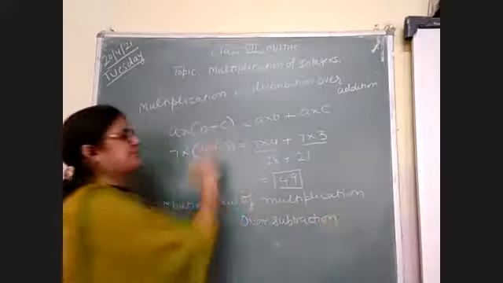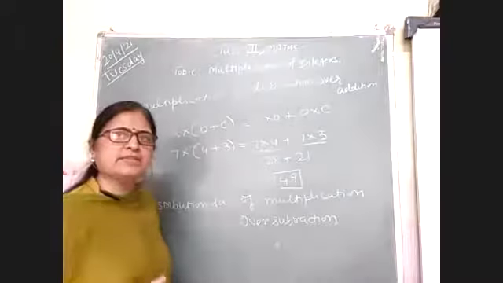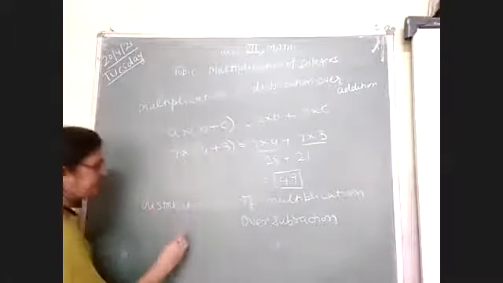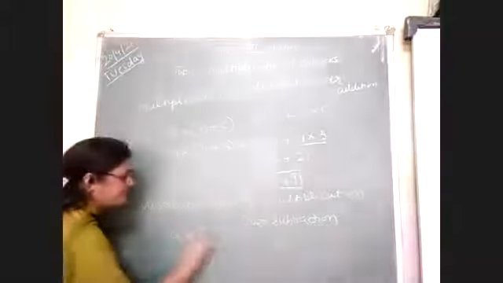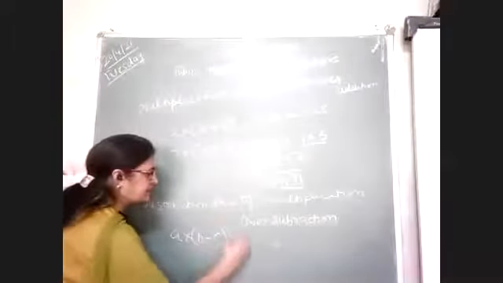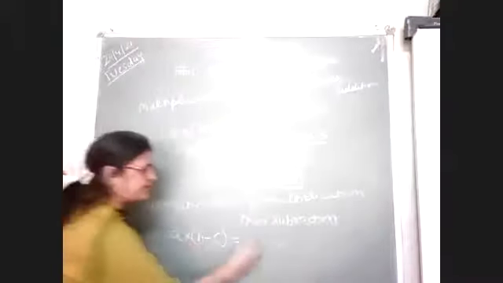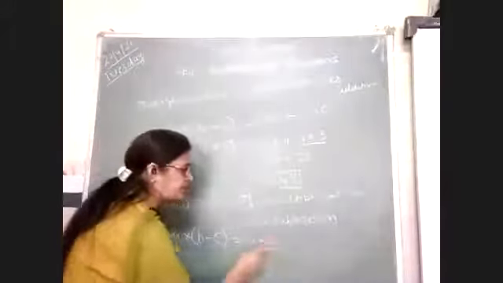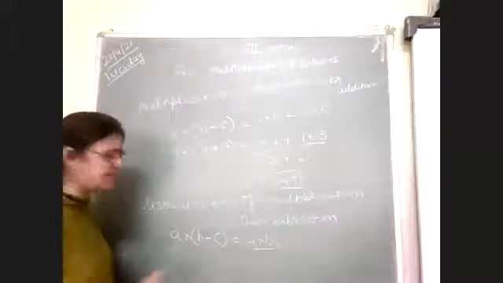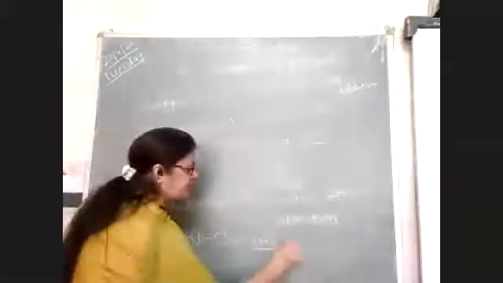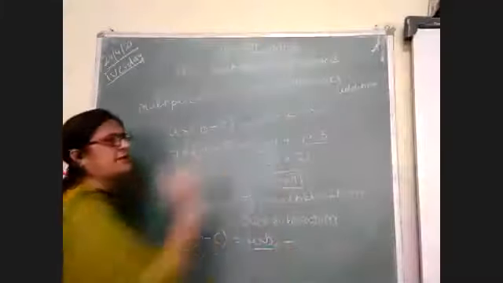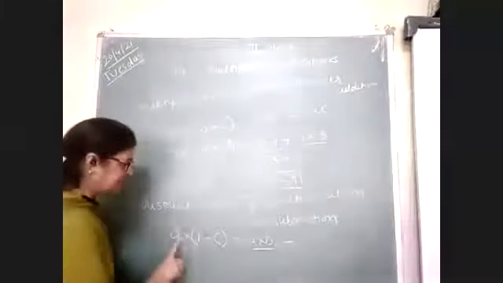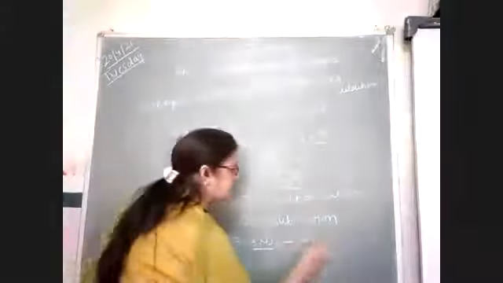Here the sign is given plus, now the sign is given minus. So when A multiply B minus C, it means A multiply by B. First we will do A multiply by B, then the sign we will put here is minus. Here we have put the sign plus, then A multiply by C also.